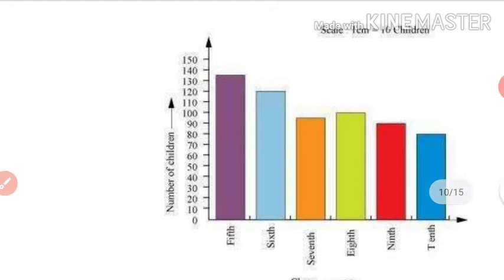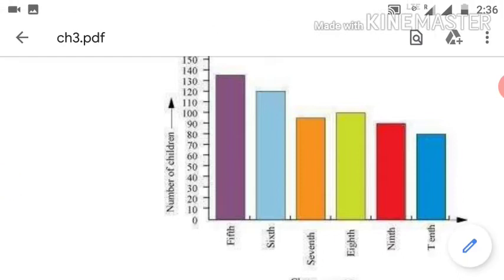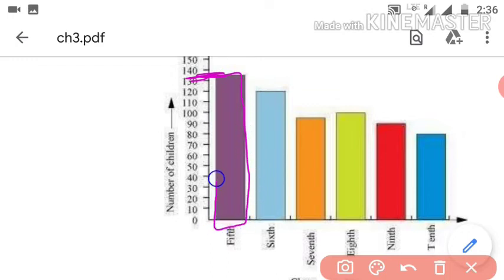So where is our 135? 135 will be exactly between 130 and 140, isn't it? Now you have to draw this scale in this way. And one more thing, while drawing this graph, the space between this and this should be the same.